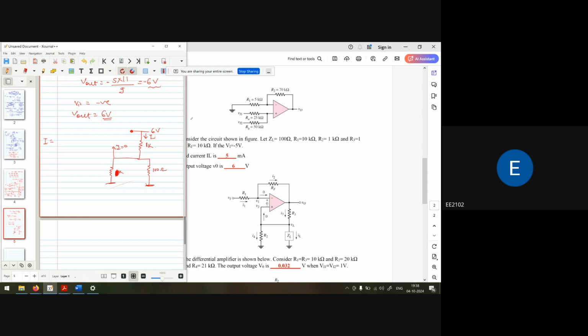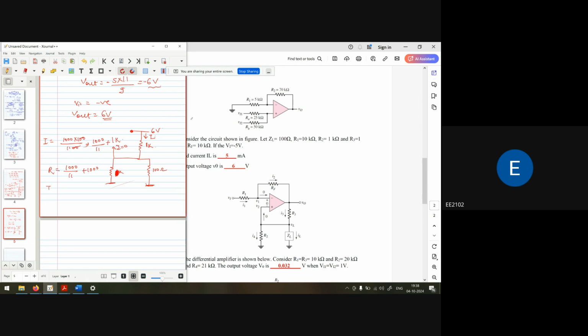These two resistors are in parallel. So what is the value? 1000 multiplied by 100 upon 1100, so 1000 by 11. And these two resistances are in series with this one, so plus 1K. 1000 by 11 plus 1000. This is the resistance value.